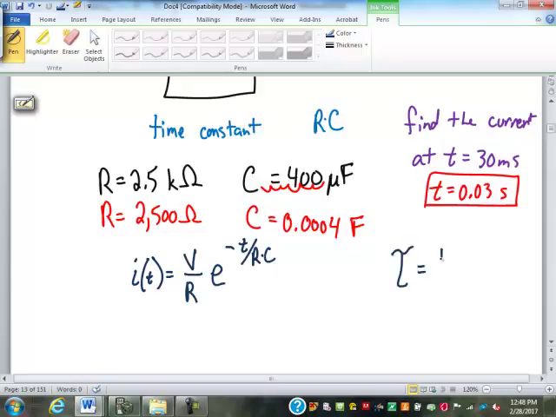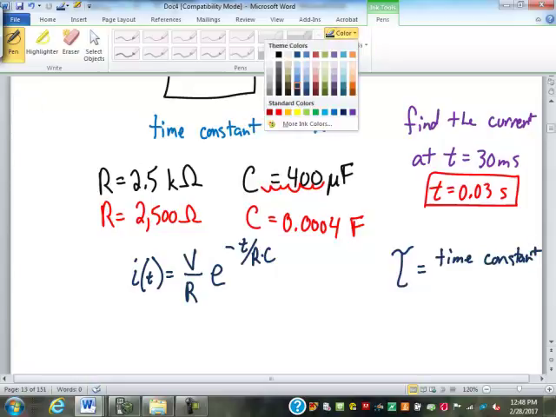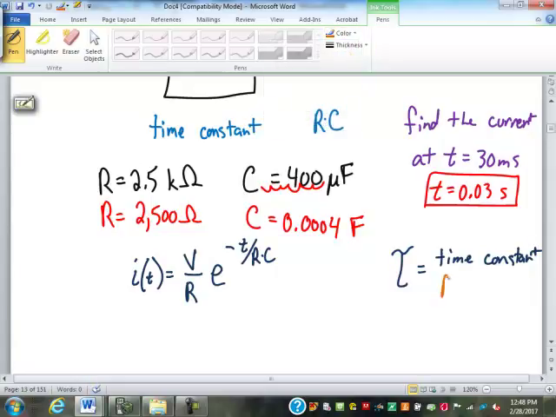And tau is a time constant. For a resistor capacitor circuit, an RC circuit, it's R times C. For an inductive circuit, a resistor inductor circuit, an RL circuit, it's R divided by L. And we'll see that when we get heavier into the circuit side of this. So anyway, for now, we're just going to use this formula.